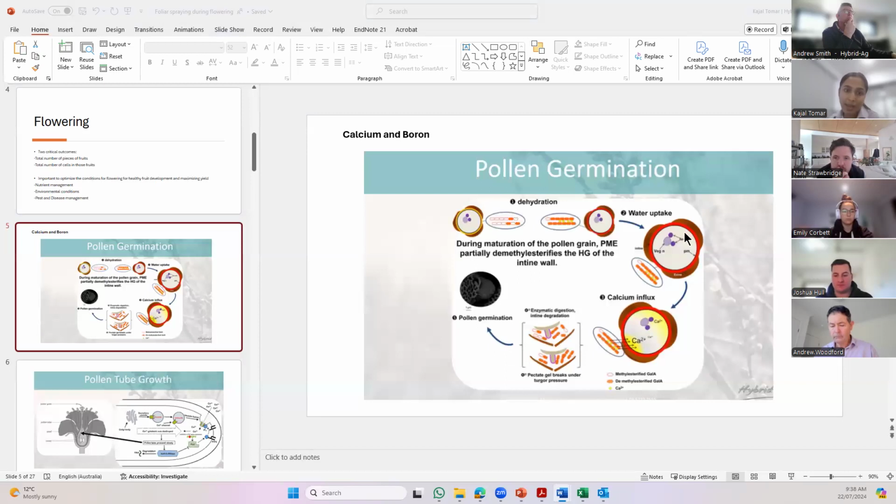An enzymatic process begins to break down the wall of that stigma for that pollen. The stigma will provide a supplementation of calcium to that pollen. Calcium is the main agent in that, but there's a bit of boron involved in this process as well. Having that availability of calcium and boron is very crucial for the pollen germination process.